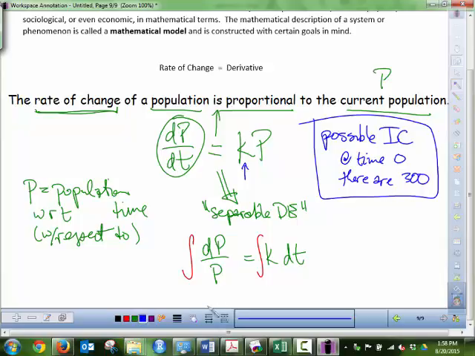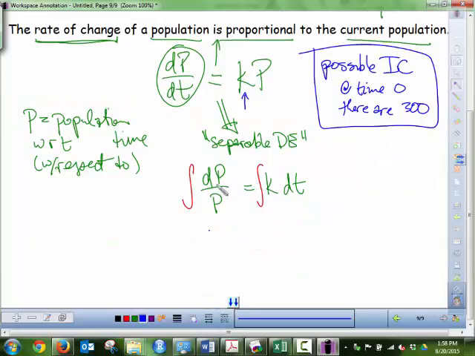Now, when I do that, you remember what the integral of 1 over p is? ln p. Thank you. Now, this would generate a plus c, but I'm going to erase this, because there's going to be a plus c on the other side as well, so why don't I just merge those plus c's together?